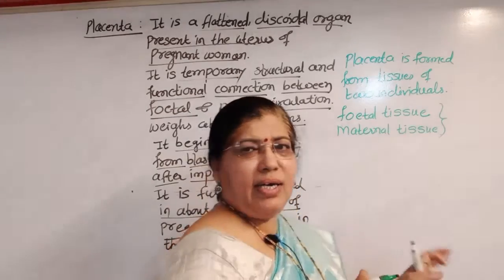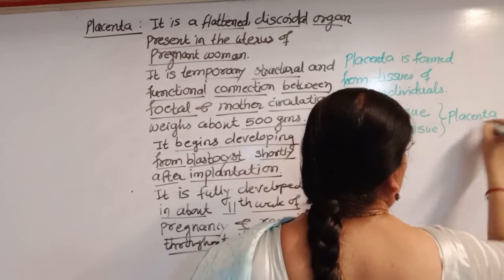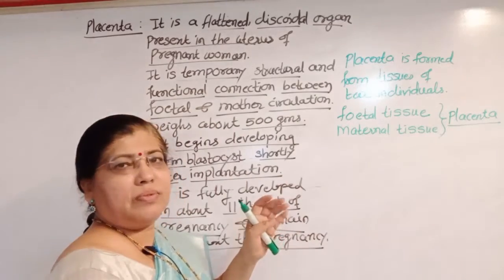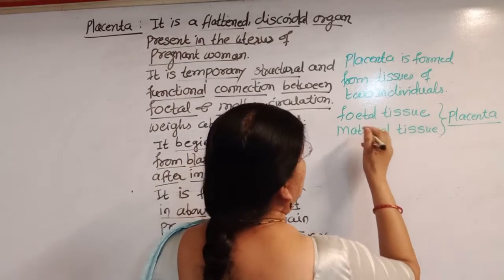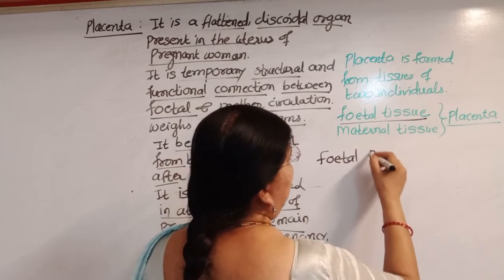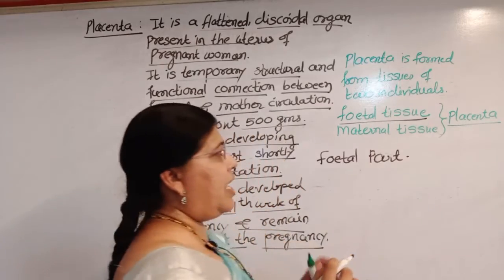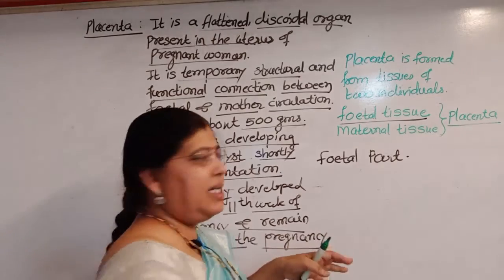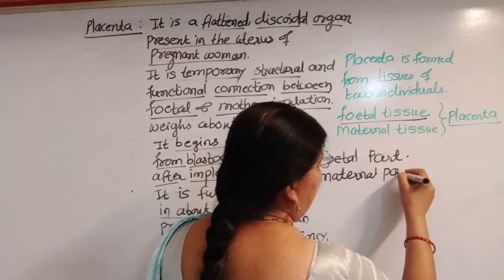Fetal tissue and maternal tissue together form placenta. The fetal tissue which forms placenta is called the fetal part, and the maternal tissue which is contributed in placenta is called the maternal part.